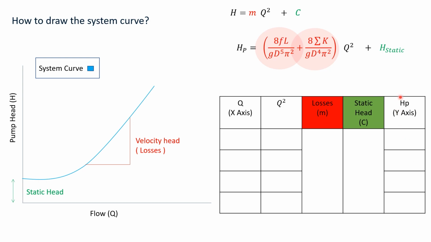Okay, then we can calculate the head of the pump, and the head of the pump will be the slope multiplied by Q squared plus the static head. And we can repeat that for different Q values. That's it.